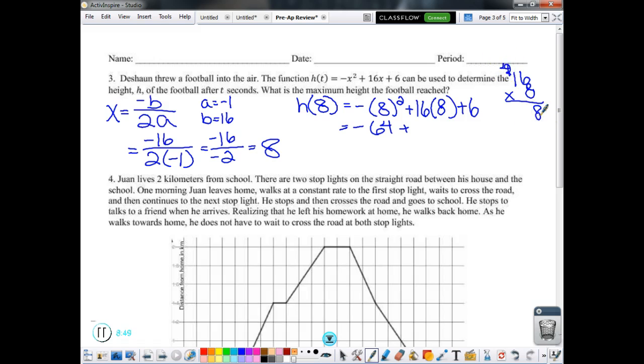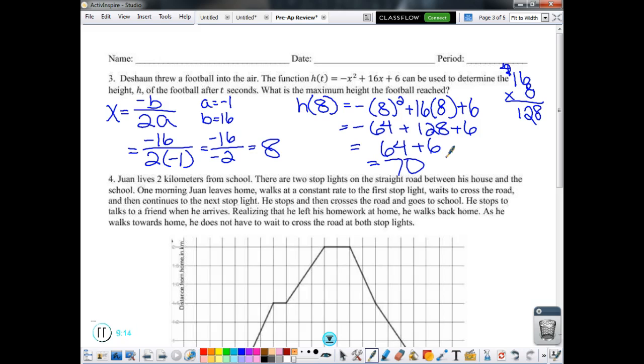See? 128. Okay? 64 is half of 128. So this becomes 64 plus 6. So your answer is 70. Okay? So the maximum height is 70 feet, I guess. Yeah.